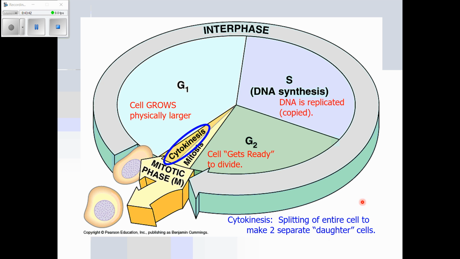And that is followed by cytokinesis, which is the physical splitting of the entire cell so that after mitosis and cytokinesis are complete, we no longer have just the one cell. We now have two identical cells. The DNA inside each of these nuclei is absolutely identical.